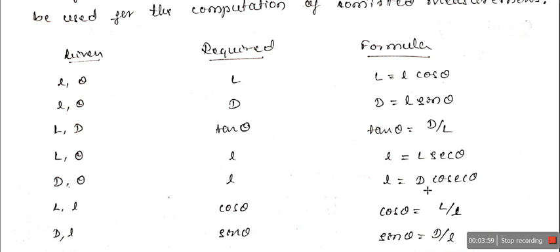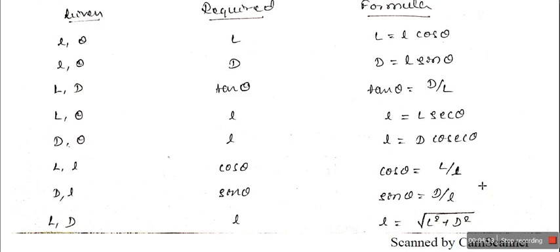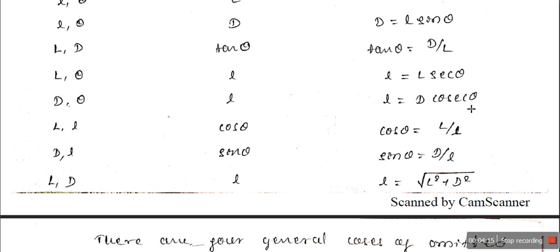Similarly, if they have given the departure and the direction of that line, again we require the length of the line. In that condition, l is equal to D into cosec theta, after simplifying 1 by sin.